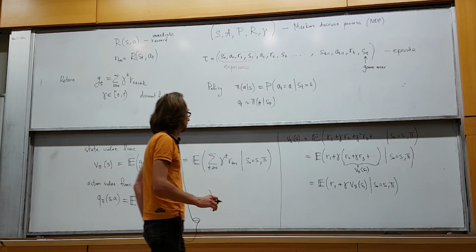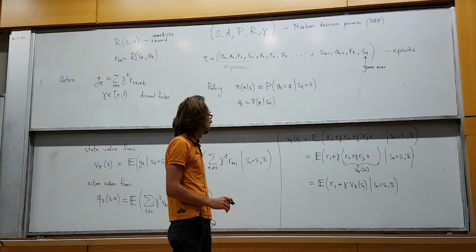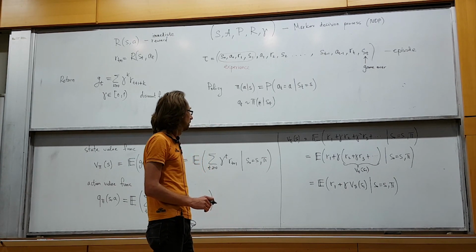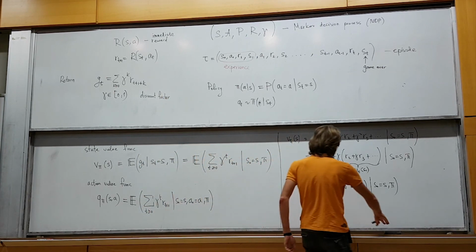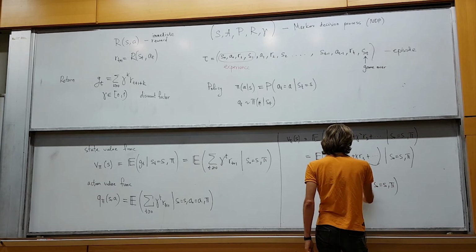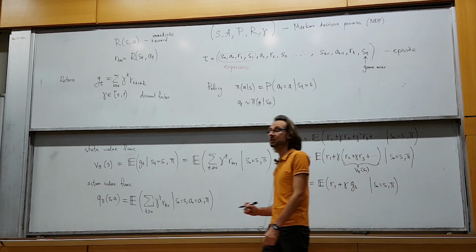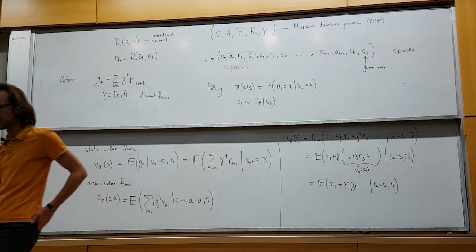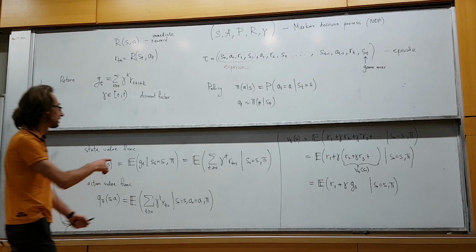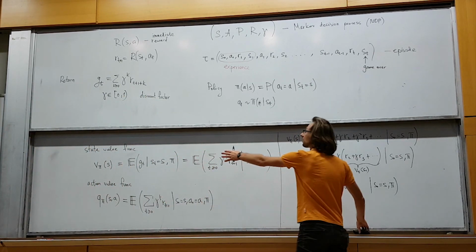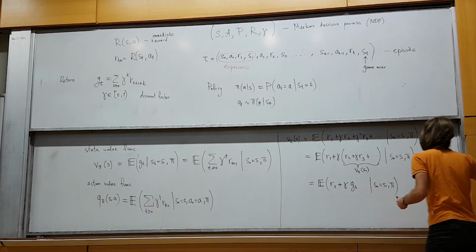What is G? You defined G, the return. The return is a random variable, and after taking the expectation, you get V. So basically it's the return starting from time point 1, right? So now let me write this expectation explicitly. I will write it there.